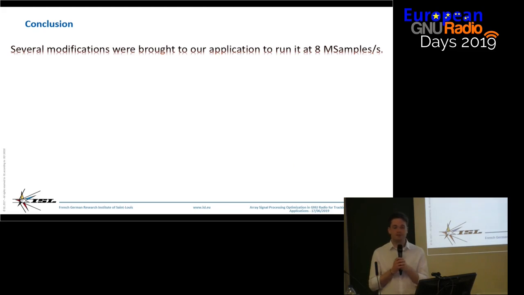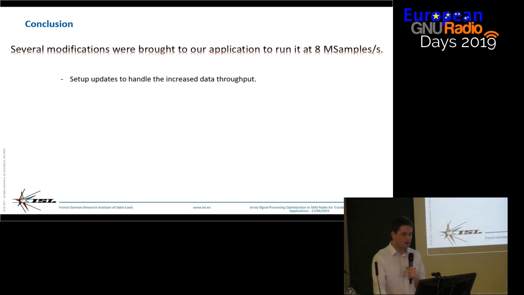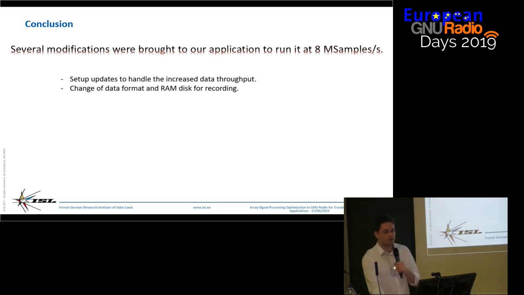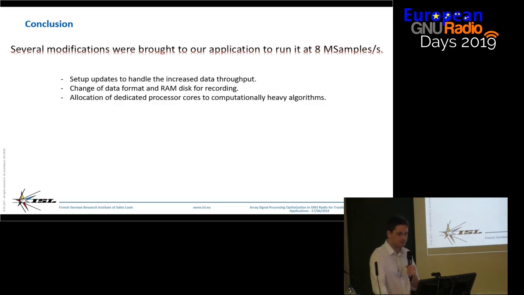We brought several modifications to our application so that we would be able to run it at 8 megasamples per second on each channel. And to do so, we first made sure that our hardware setup would be able to handle the increased data throughput. We changed the data format and implemented a RAM disk to optimize the recording of our samples.